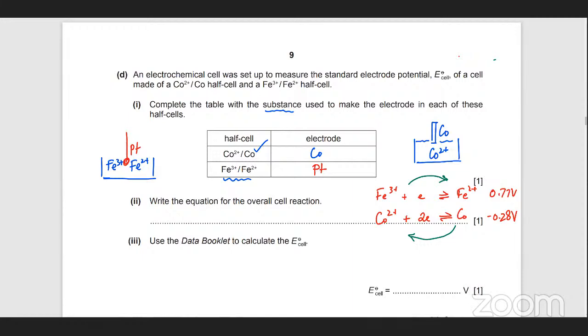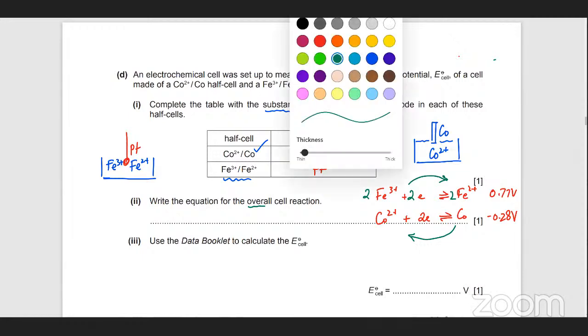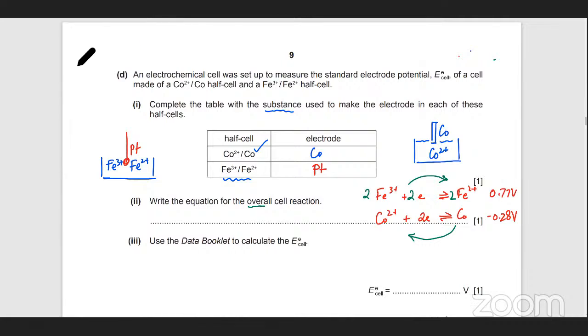And to make the overall cell reaction, the first thing you have to do is balance the number of electrons. So I'm going to multiply this equation with 2 so that the number of electrons gained and lost become equal. Once that is done, you add up the reactants. In the first one, the reactant is Fe3+, so that's 2 Fe3+.